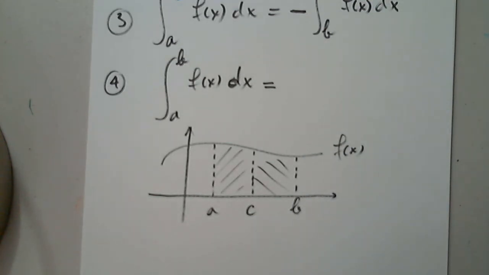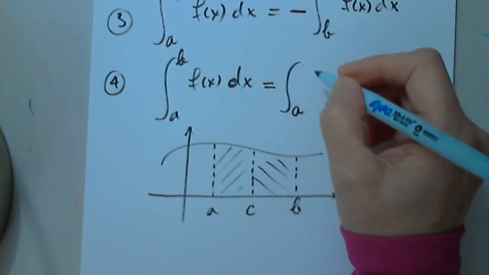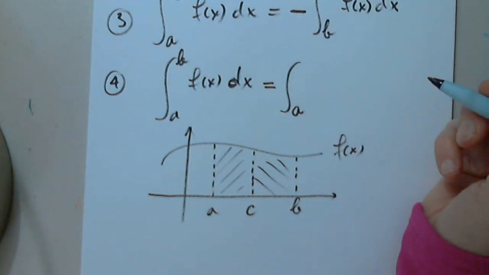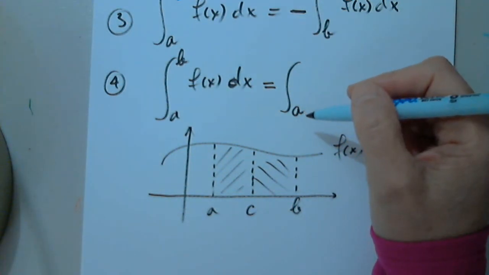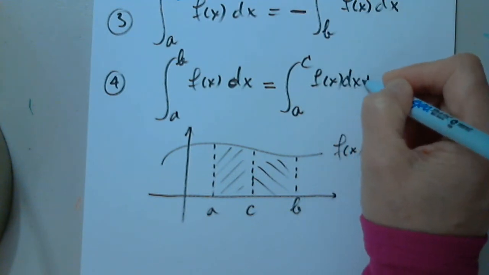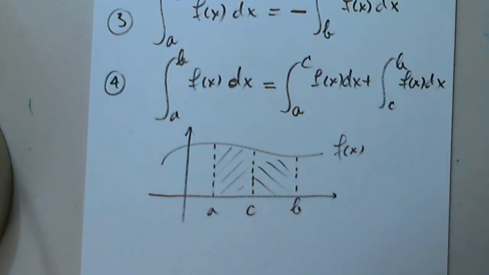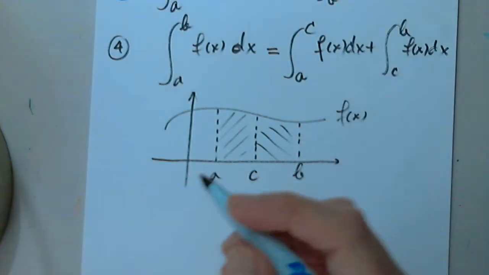Would it be the area of AB equals the area of CB plus AC? Correct. Perfect. We can split it into as many pieces as we want.